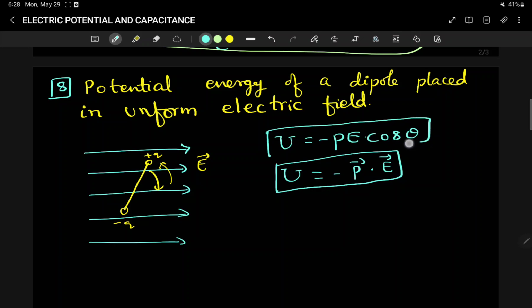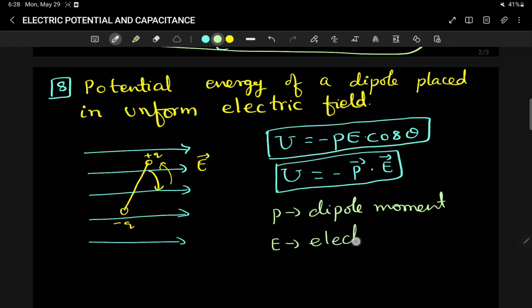What is P here? Dipole moment. Okay, where P is dipole moment. Next, what is E? Electric field.